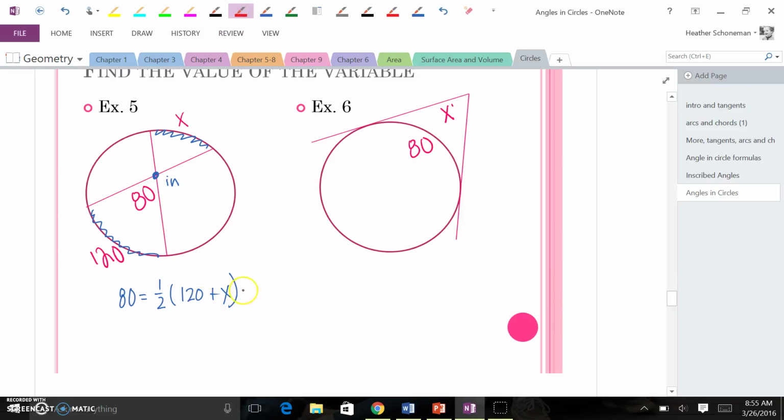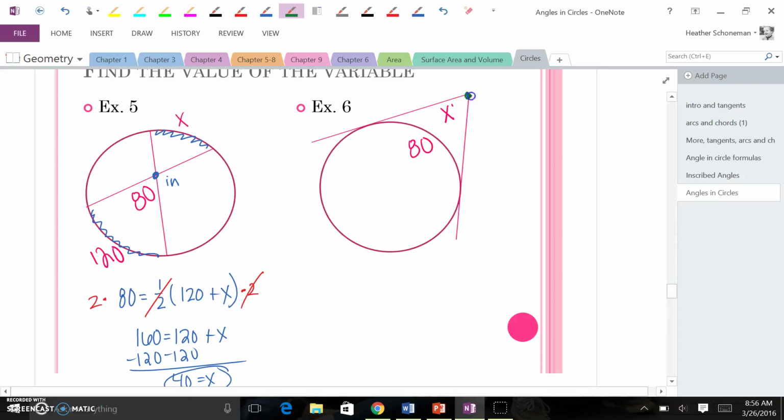So if you remember our trick, we're going to multiply both sides by 2, so the 1/2 and the 2 cancel, which leaves me with 160 equals 120 plus x. So we'll subtract the 120, so I get 40 equals x. Okay? Remember, you've got to ask, where's the vertex? And always write your equation so it's the angle equals something.